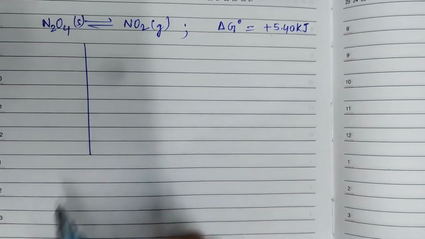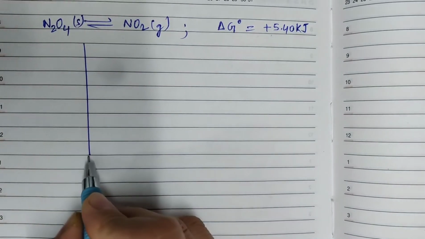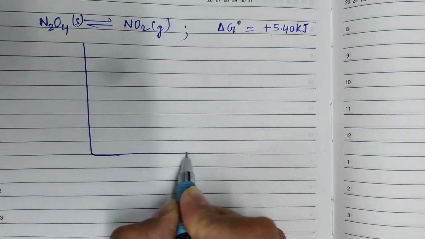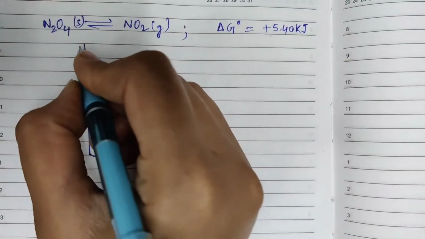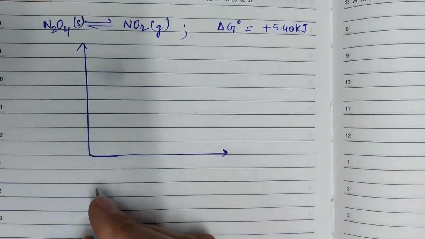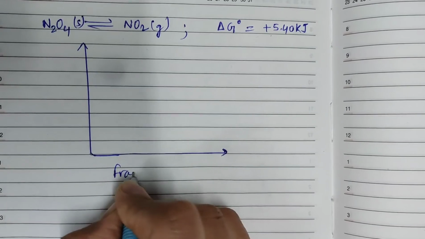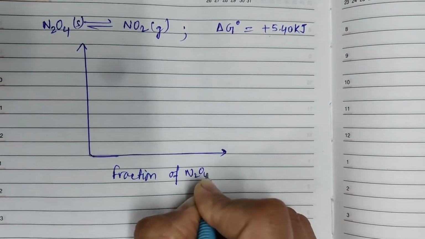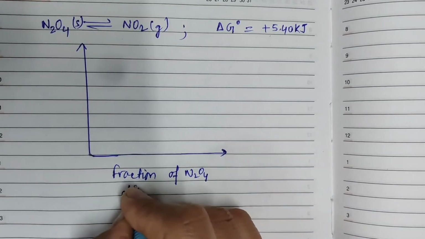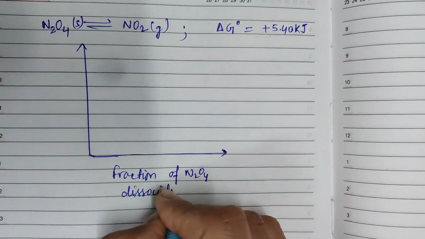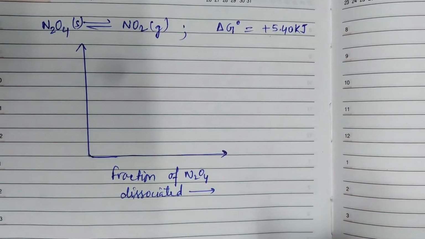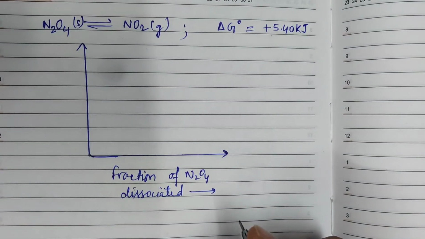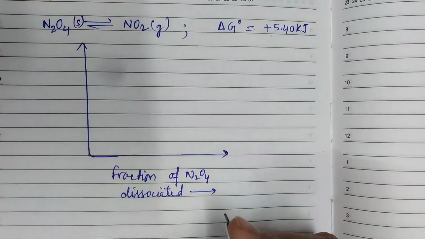I'm plotting between the amount of your reactant, or you can say the fraction of N2O4 dissociated, or the amount of reaction proceeded.